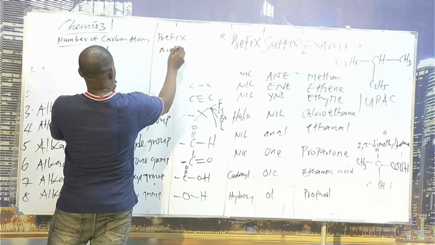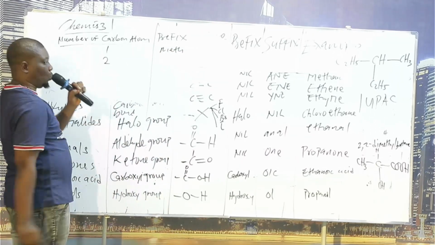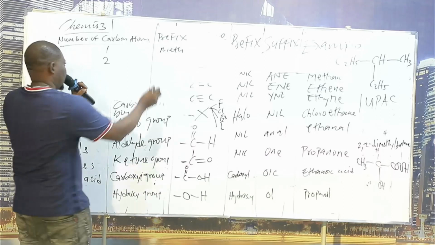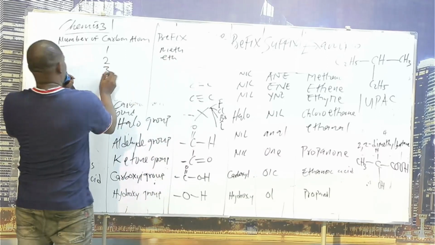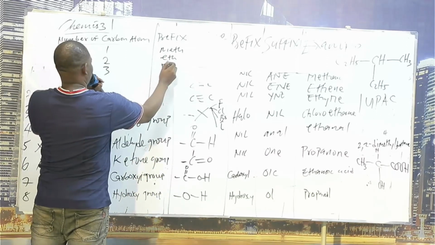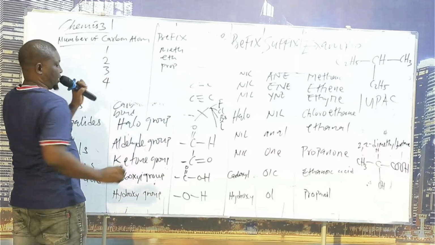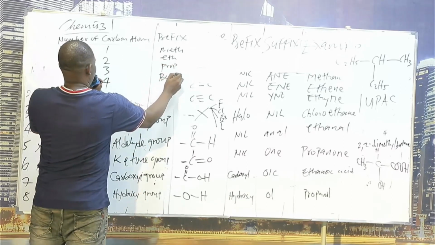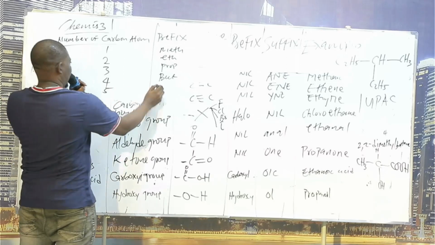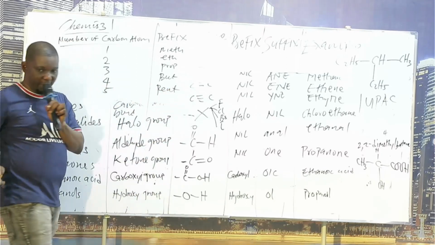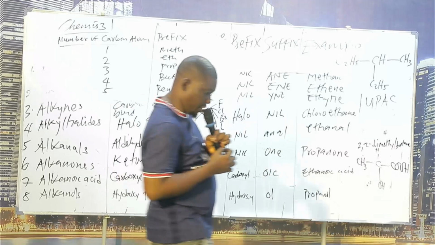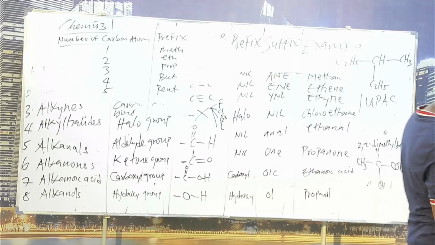Meth. If you see 2? Eth. If you see 3? Prop. If you see 4? But. If you see 5? Pent. But please run it down to 10.